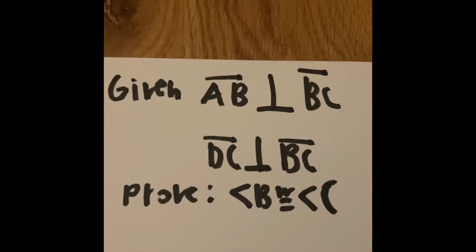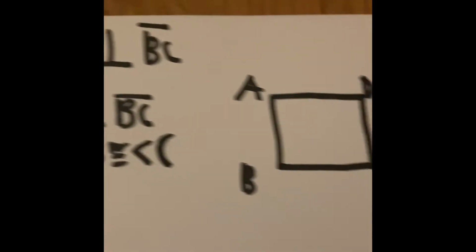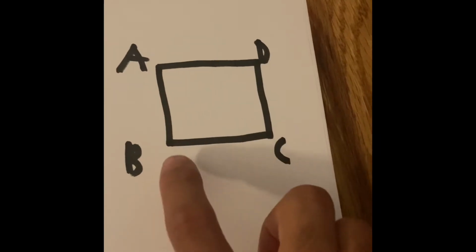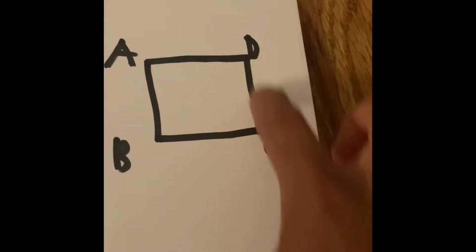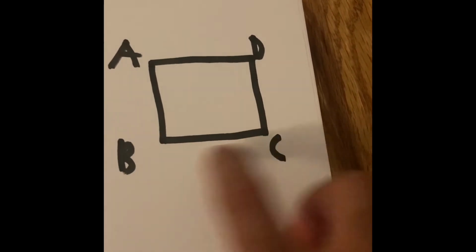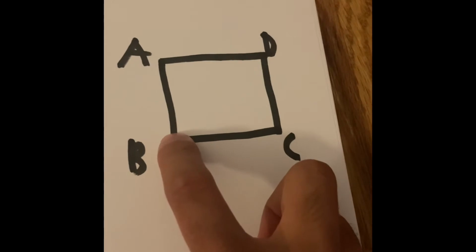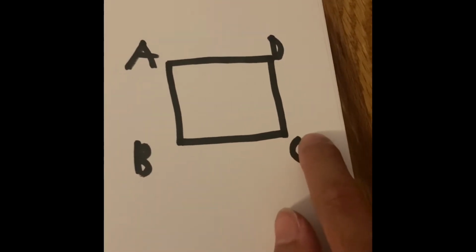We have to prove that angle B is congruent with angle C. And here is what our picture looks like. AB is perpendicular to BC, DC is perpendicular to BC, and we have to prove that this angle right here is exactly the same measurement as this angle right here.